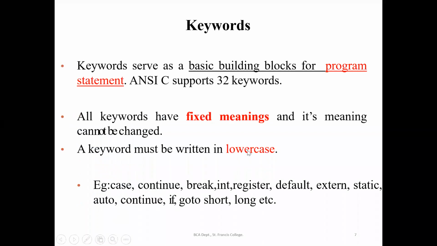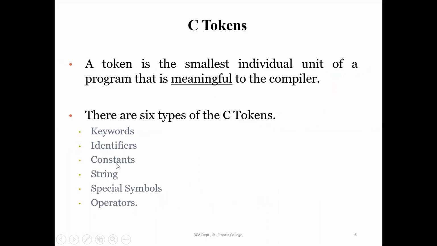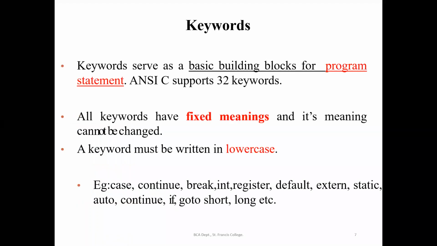The first one is keyword. Keywords serve as a basic building block for the program statement. In the previous slide I told you about the individual unit which is meaningful to the compiler, but here I am telling it is a basic building block of a program statement.